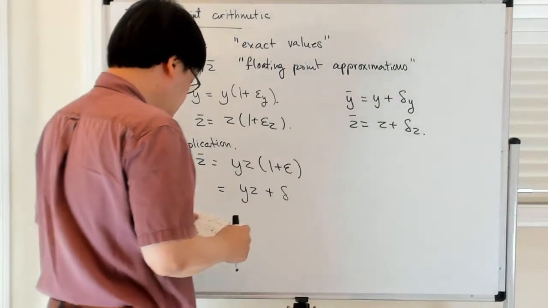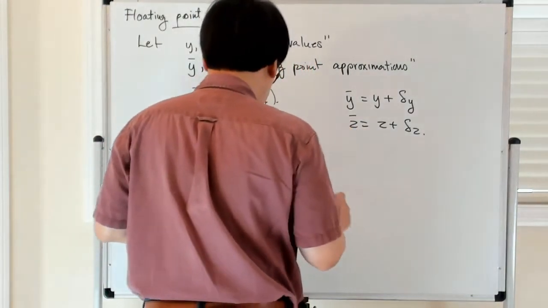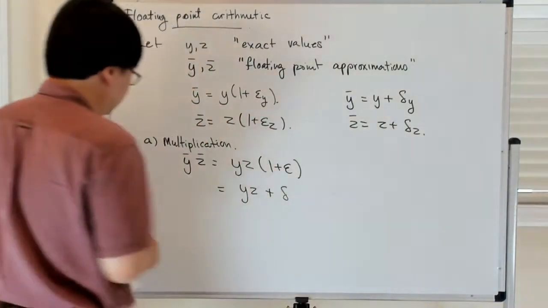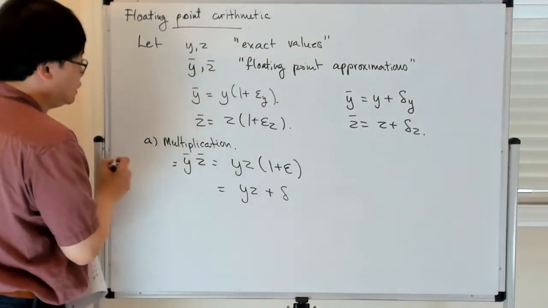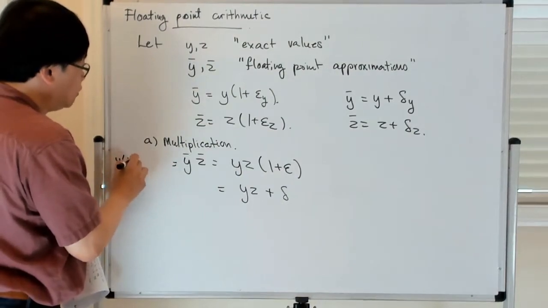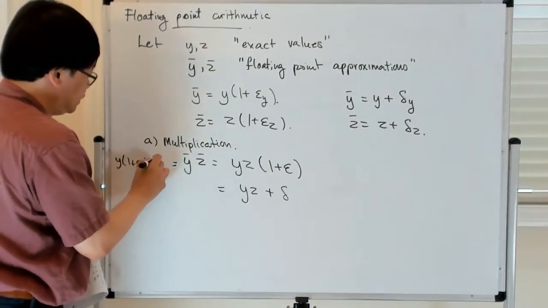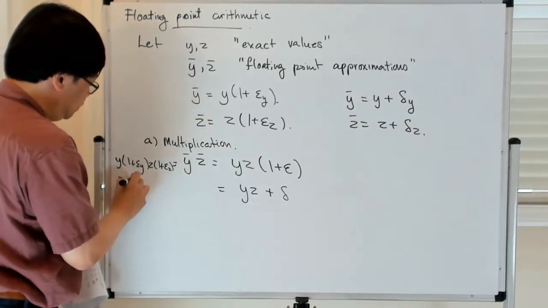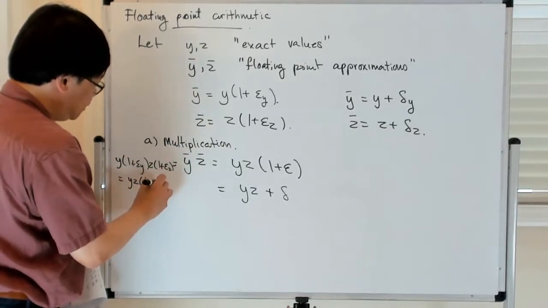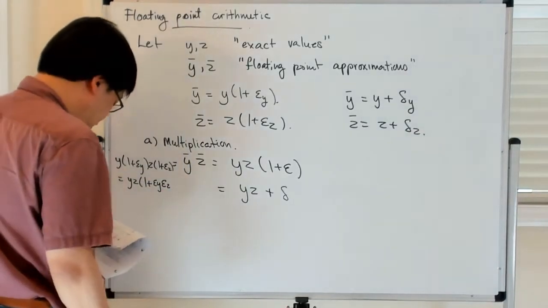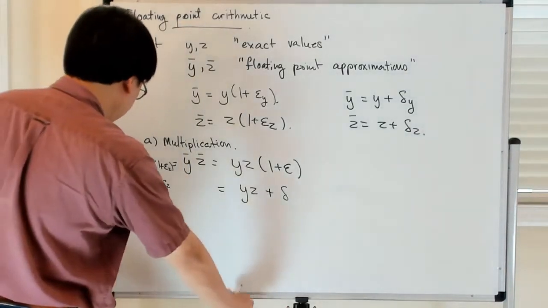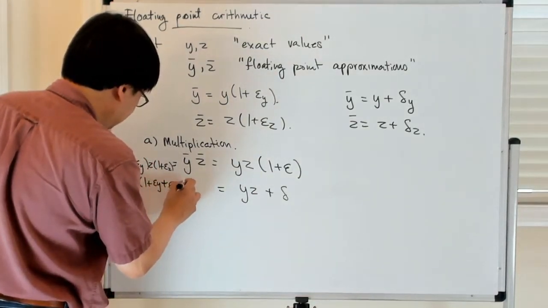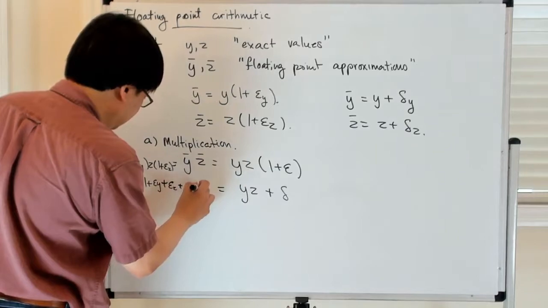You can check that using this representation, this is just y(1 + epsilon y) z(1 + epsilon z). So this is yz times (1 + epsilon y + epsilon z + epsilon y epsilon z).